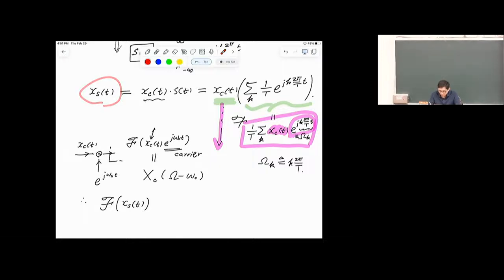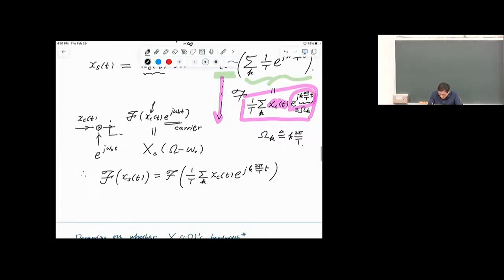So after the transformation, I'm just copying everything to this place.